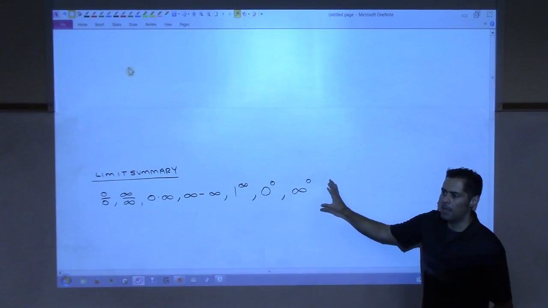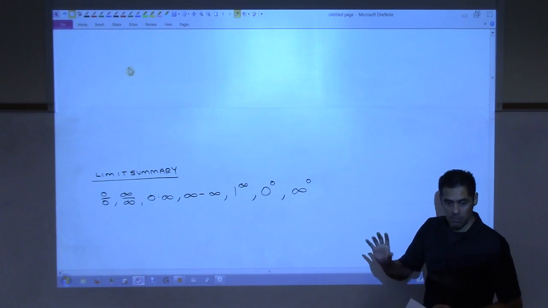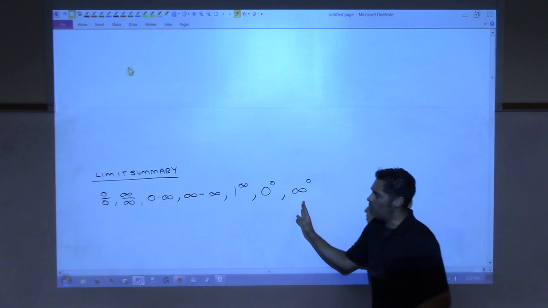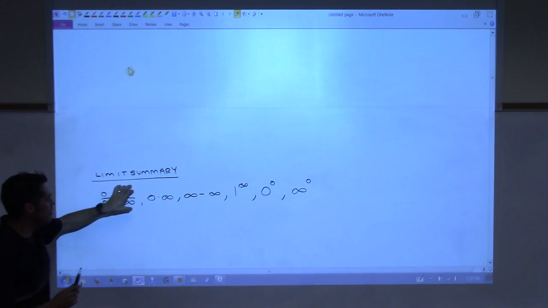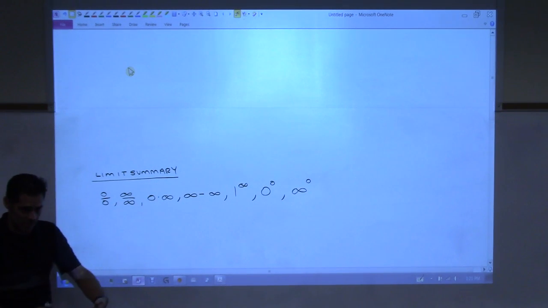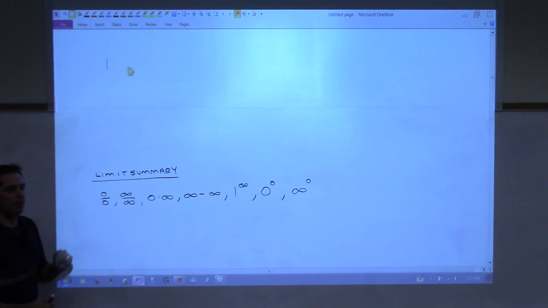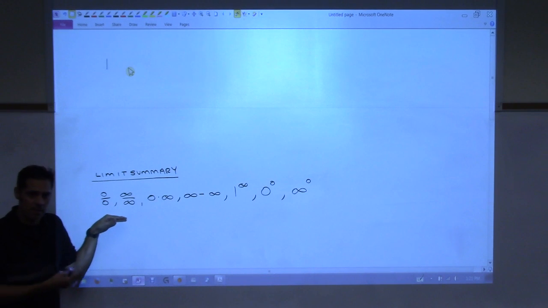That's everything in the top left corner, right? What happens when you multiply 0 times infinity? Yeah, what happens, exactly. So remember that every single one of these is what's happening when you are taking a limit. When you are taking a limit, you're getting 0 over 0. You're getting something that's becoming infinite over something that's becoming infinite.